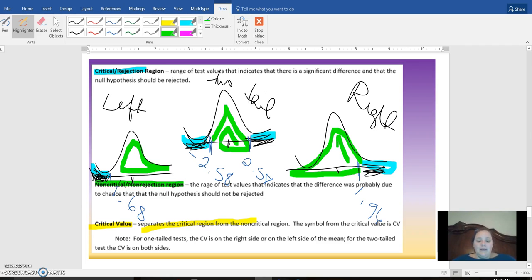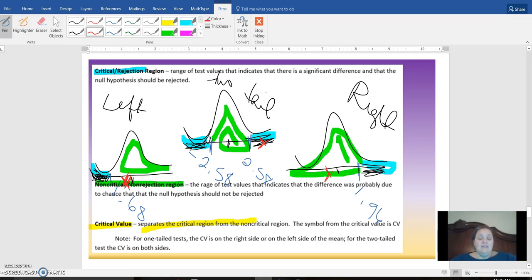So you're going to find the critical value, then you're going to have the test value. Maybe there's one right here in the white, and maybe this one is right here, also in the white, and maybe we have one over here in the black.